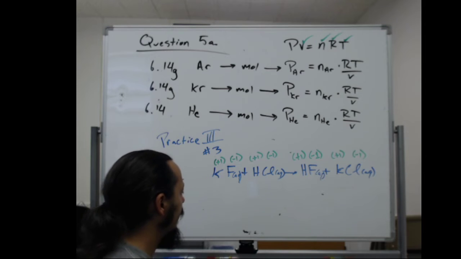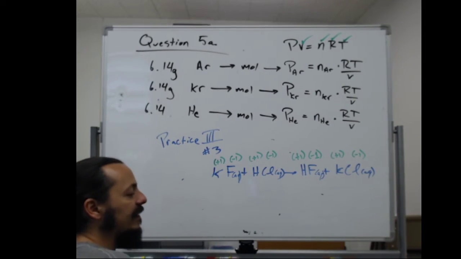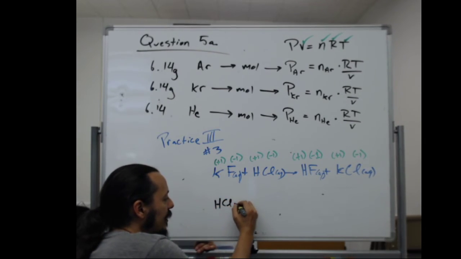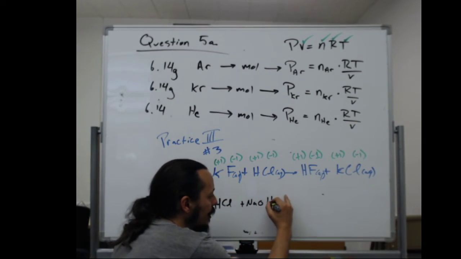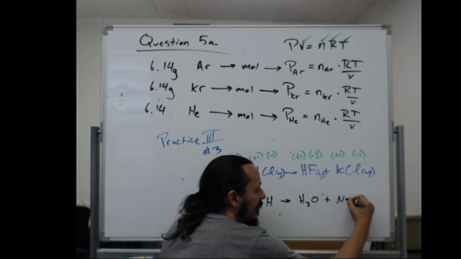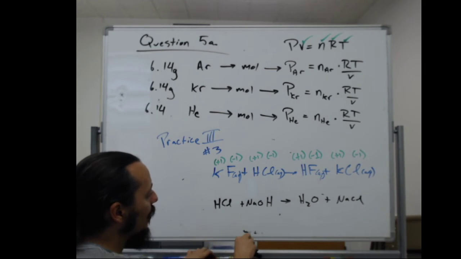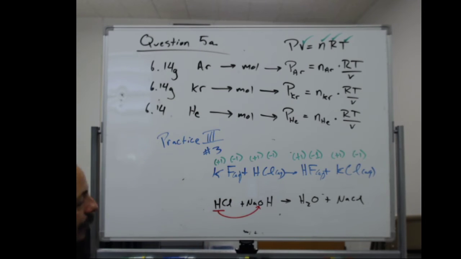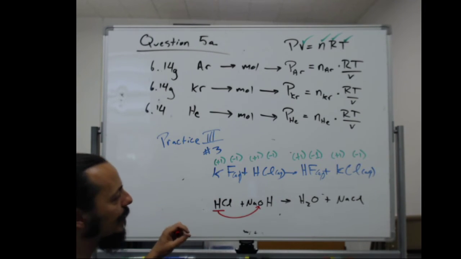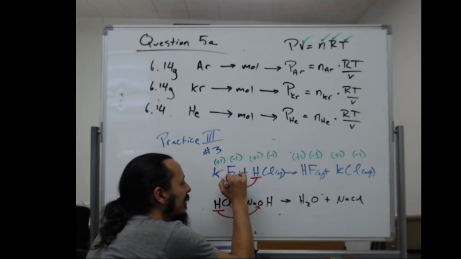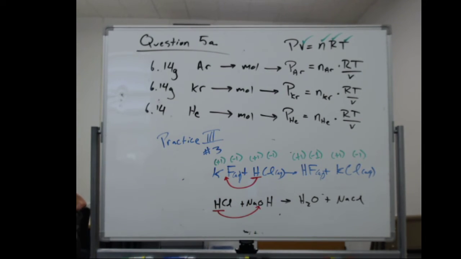This is getting to stuff we do in other classes, but if we look at HCl plus NaOH goes to H2O plus NaCl, really what we're looking at is a hydrogen moving over to something else. This reaction ends up being acid-base because this hydrogen is going to move over to that fluorine, the same way that the hydrogen here moves over to the hydroxide.